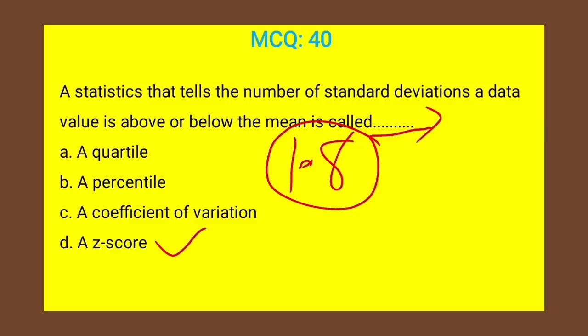But if the z-score is 3 or above 3, then it means such a business is financially strong, and they can survive for long. So that's an aspect of z-score. It will help us to know whether a business can go into bankruptcy or can continue its operation based on its financial status. That is an application of z-score. So it's a statistic that tells the number of standard deviations a data value is above or below the mean. So let's take note of that.